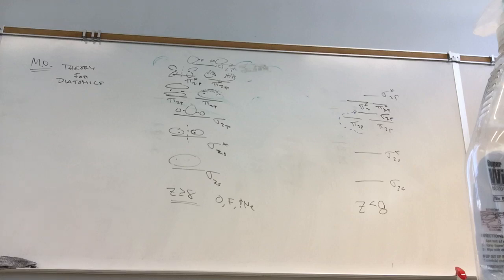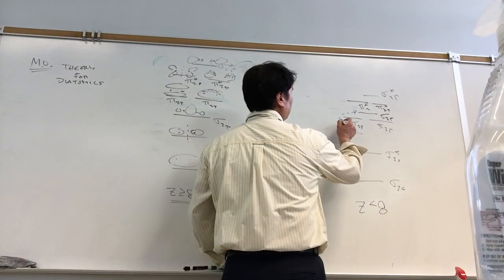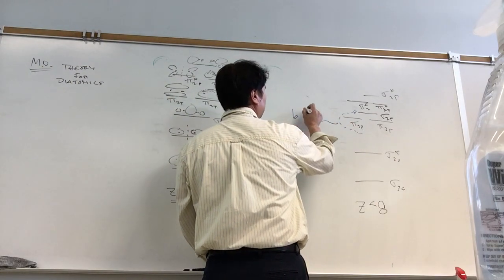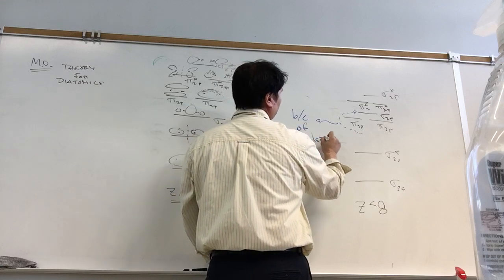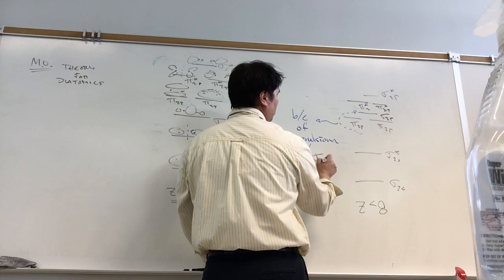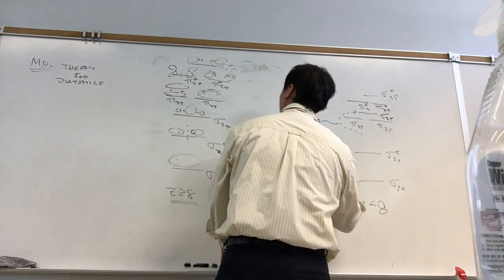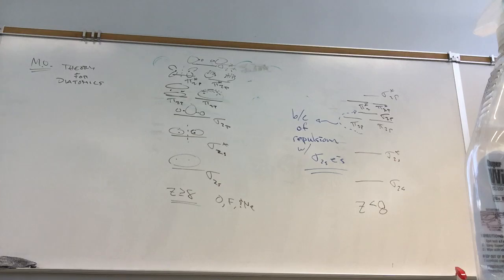So the first question is, what caused the sigma 2p to pop up in energy? What caused it is repulsions with the sigma 2s electrons. And so this is an issue of shielding and penetration.